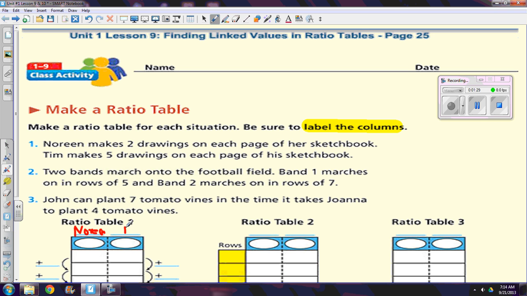And Tim. And it's 2 drawings on each page and 5 drawings on each page. So your ratio's 2 to 5. For every 2, Tim has 5.